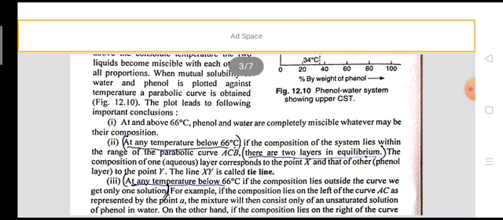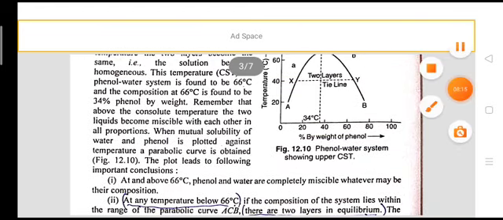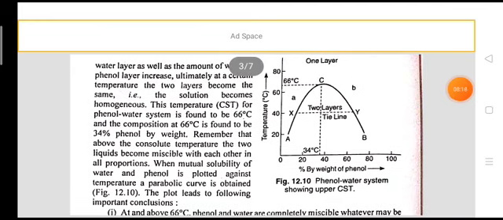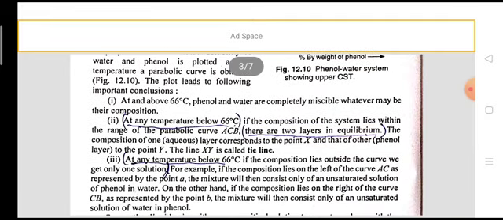Similarly, at any temperature below 60 degrees centigrade, at the outside of the curve, we get only one solution. For example, if the composition lies on the left side of the curve AC, as represented by the point A in the diagram, a mixture will then consist only of an unsaturated solution of phenol in water.